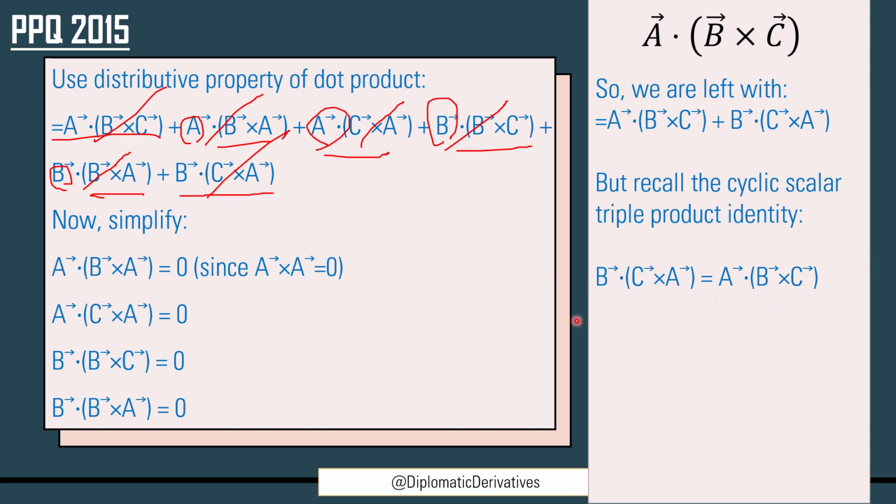So you have that property here. Now replace this b dot c cross a with a dot b cross c. Hence you will have a dot b cross c twice, so a dot b cross c plus a dot b cross c is what you're going to get. Therefore, when they are 2, you can write it as 2a dot b cross c, right?